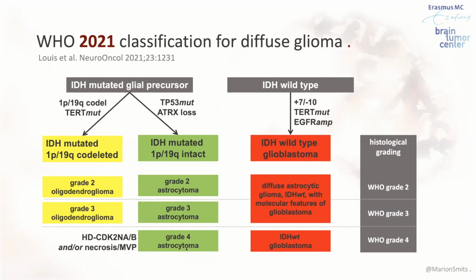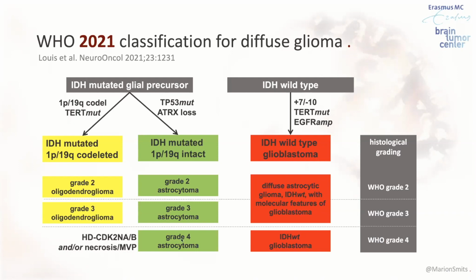The big change for the people that do work in glioma: what used to be a grade 4 Idh mutated tumor used to be an Idh mutated glioblastoma. That has now changed to glioblastoma only for the Idh wild type tumors, and the grade 4 Idh mutated tumors are now called grade 4 astrocytoma.